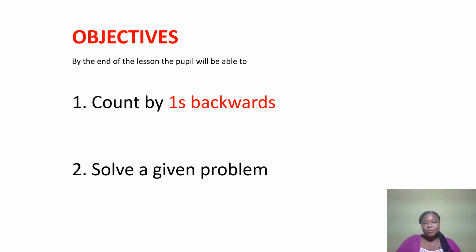So the next number you get is 2. From 2 you move forward again to the next number, which is 3. Today we'll be learning about counting by ones backwards.